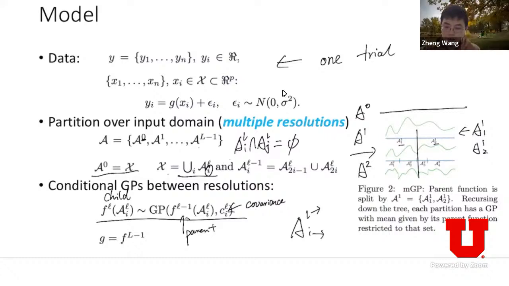Because they want to capture the long range effects between different inputs, they model the long range effect using the parent node, and for the leaf nodes or children nodes, they do some different operation to make them different from other partitions.